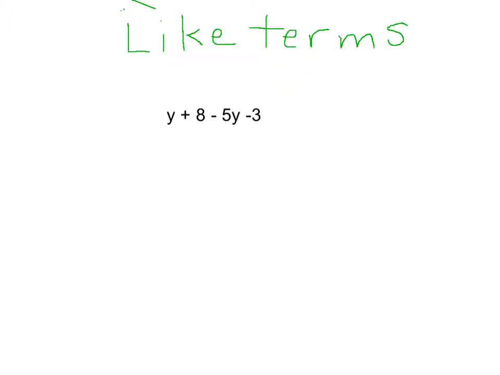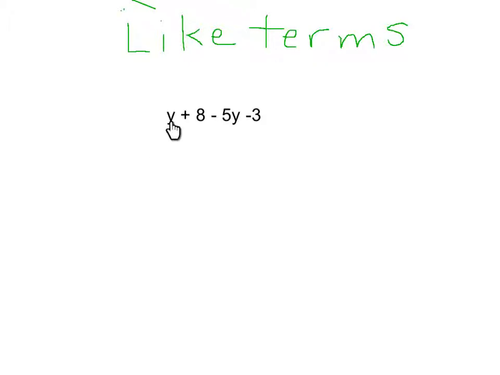Okay, then we've got like terms. Like. You ever heard of that word? Exactly. It means the same or similar. So what we need to do is find some terms that are similar here. How about this? The y and the 8, are those similar? No. One's a variable, one is not. So I need to find things with variables and find things without variables.